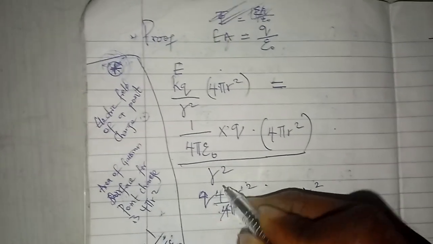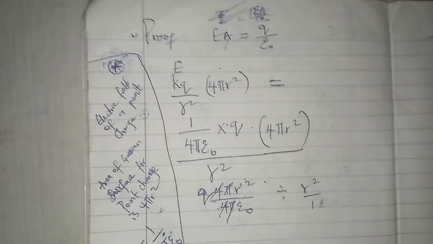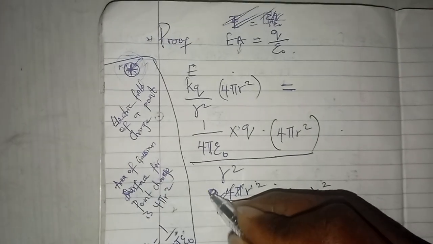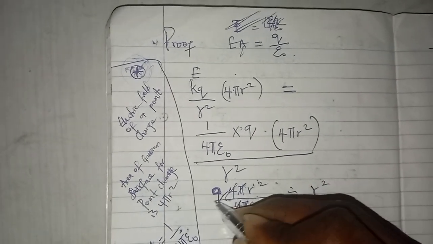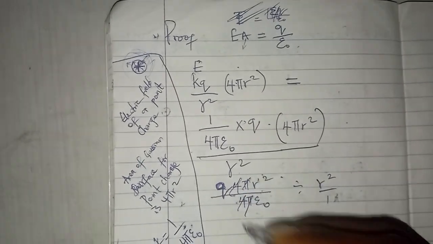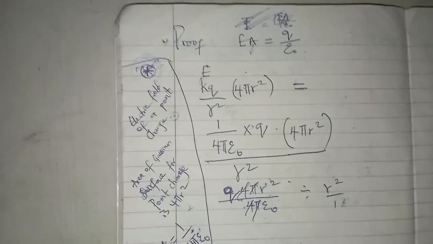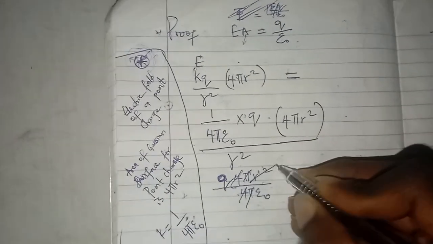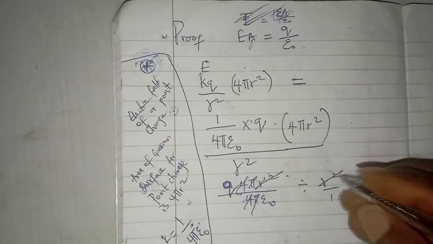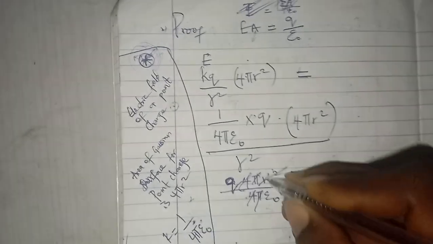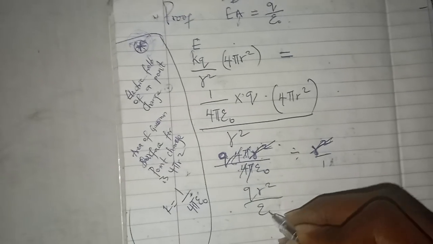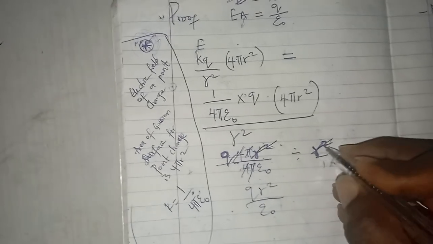So if I do this, you now see that 4 will take care of 4, pi will take care of pi, is it not? Remember I still have Q here. Let me not do R square for now. So I will now have Q R square all over E naught divided by R square.